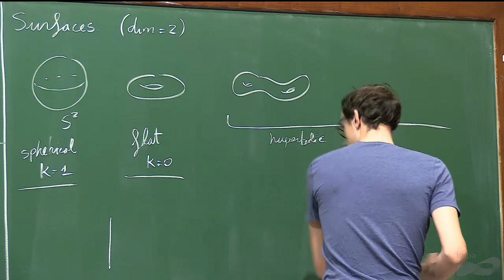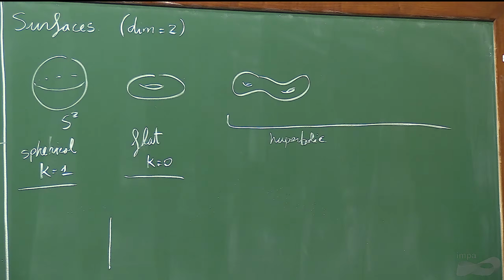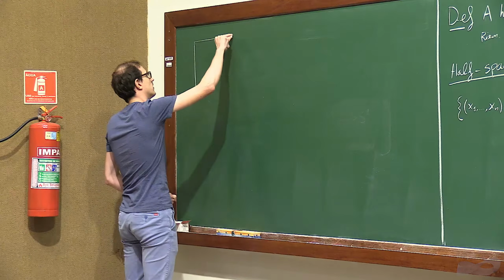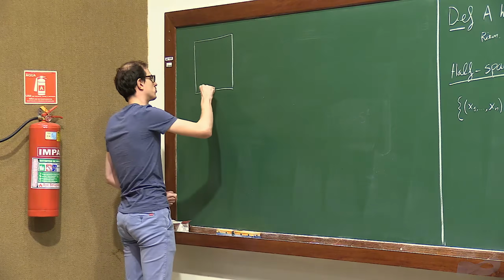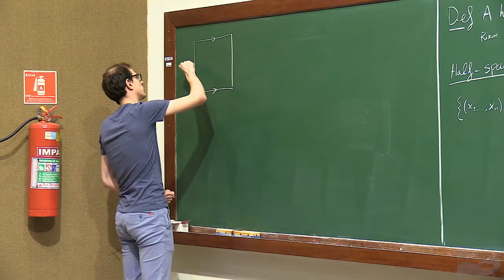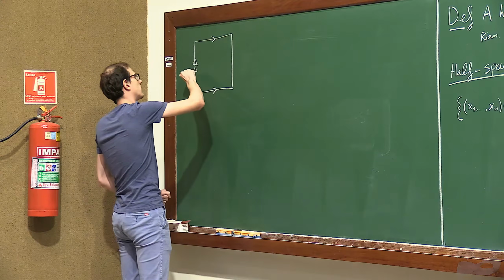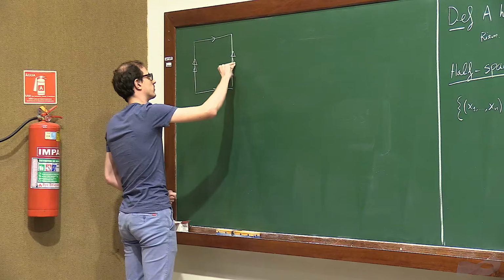Maybe I'll draw it here. So this is the picture that every person that cares a bit about math sees without even studying math. You just build a torus by quotienting opposite edges of a square.